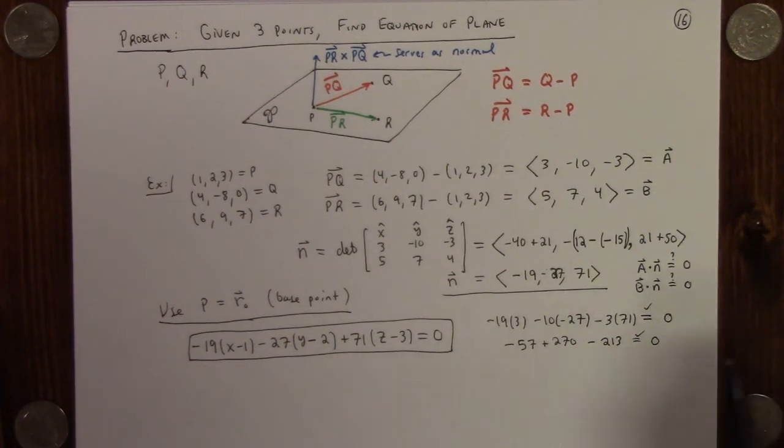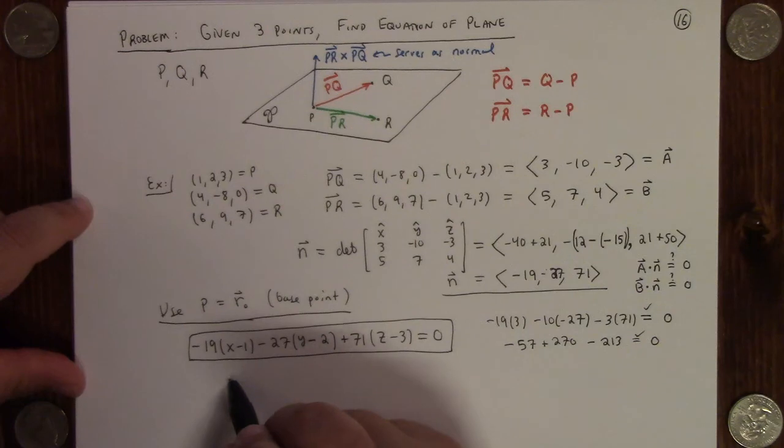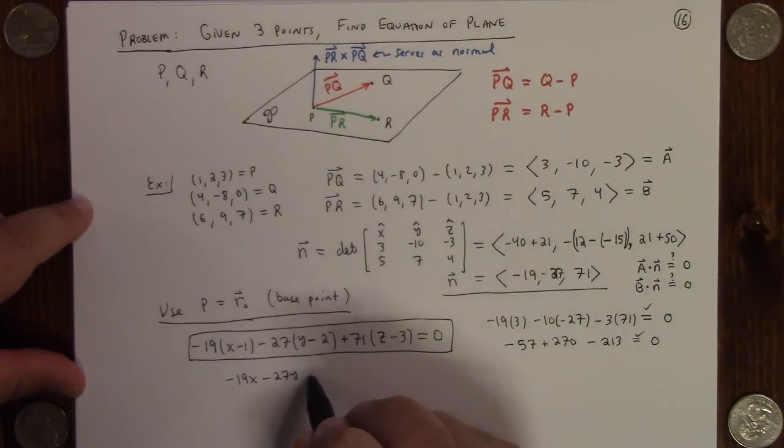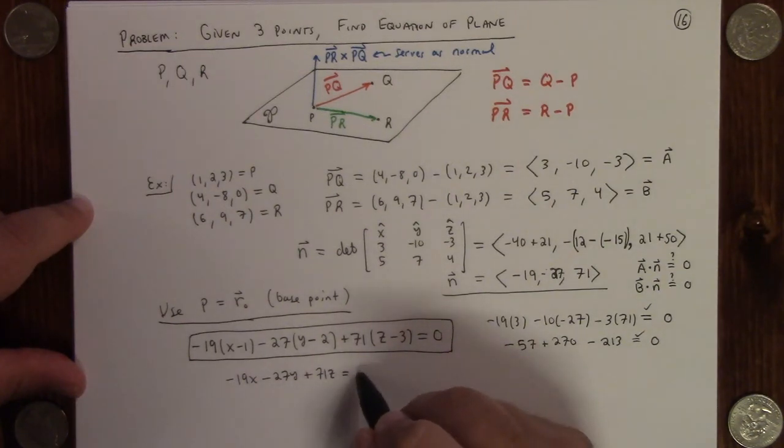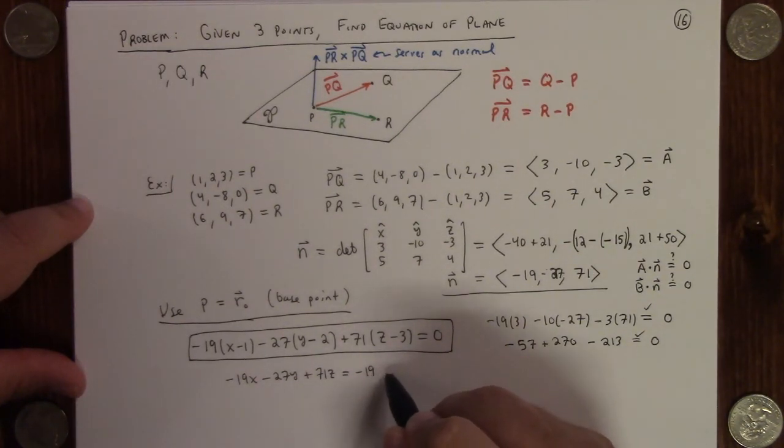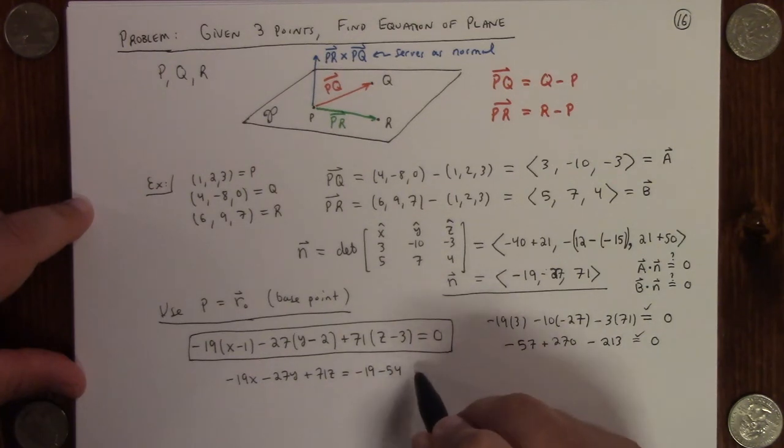So no, this plane does not go through the origin. Of course, another way you could see that would just be to do minus 19x minus 27y plus 71z equals, well, minus 19 minus 54 plus 213, right?